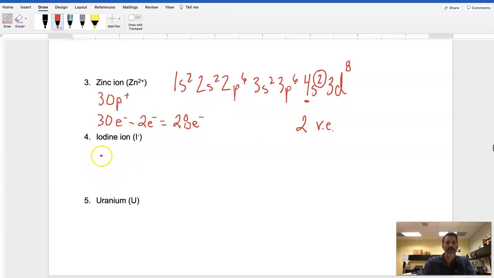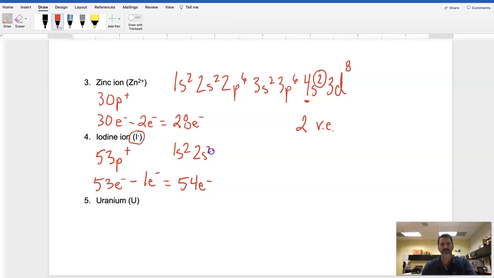Okay, I'll do one more. Iodine. Iodine has 53 protons, so neutral iodine is going to have 53 electrons. But now it has a -1 charge, so it's actually gained an electron. So now it has 54 electrons. What does that look like? Here we go: 1s2, 2s2, 2p6, 3s2, 3p6, 4s2, 3d10, 4p6, 5s2.